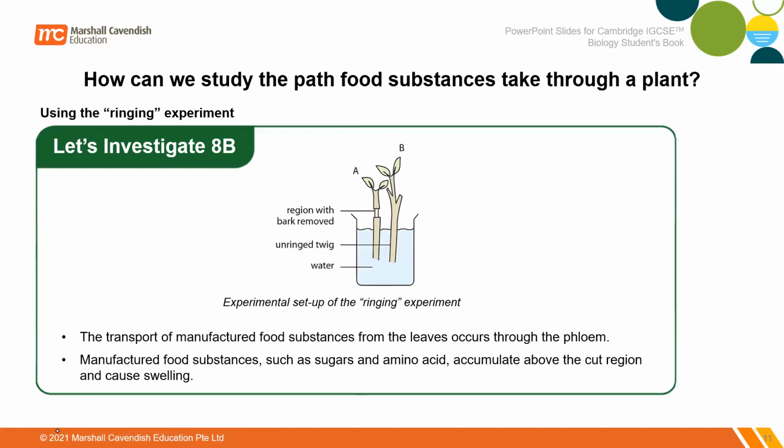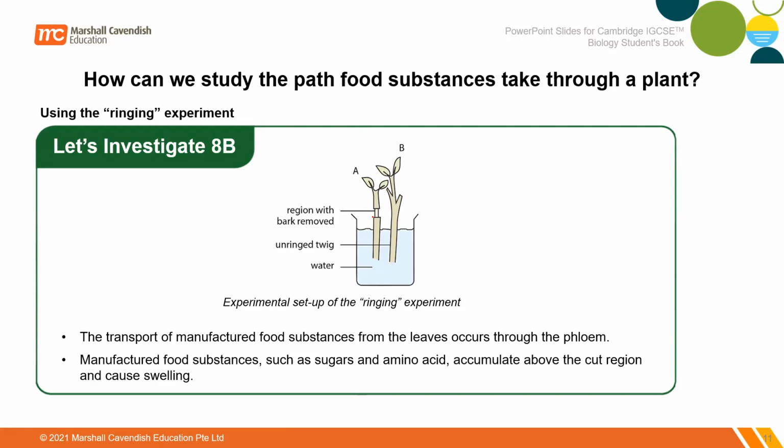This question is also important because we found this question recently in a lot of exams. If we cut some tissues in a specific part of the plant, if we cut the phloem, definitely the plant cannot transport the materials throughout the plant.